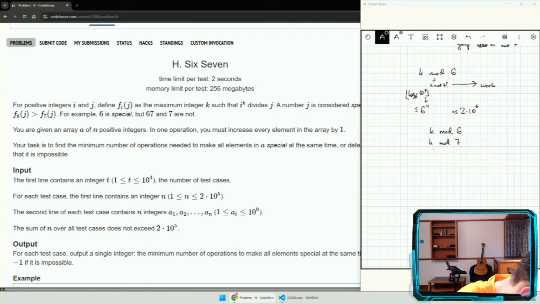So if I choose the smallest group out of these, there'll be n over 7 values left in this group at most.